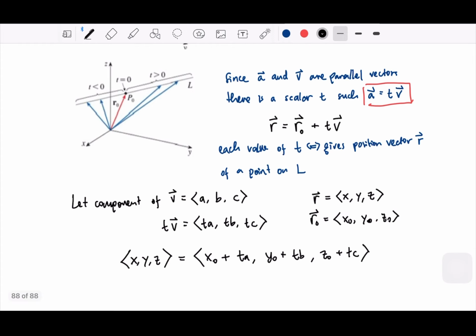Now we have the conditions that x is equal to x0 plus ta, y is y0 plus tb, and z is z0 plus tc. Or maybe not ta, maybe at, that will be better.